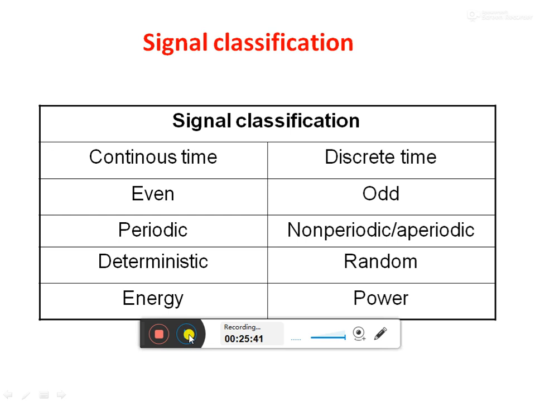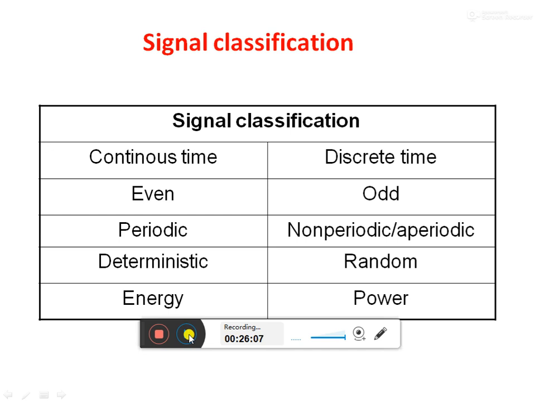Along with that, the classification of signals, how it is made based on the time value, is discussed, wherein we have discussed the two important categories of signals, that is continuous time and discrete time signals, the sampling process and the sampling criterion which is followed to sample a continuous time signal into a discrete form.